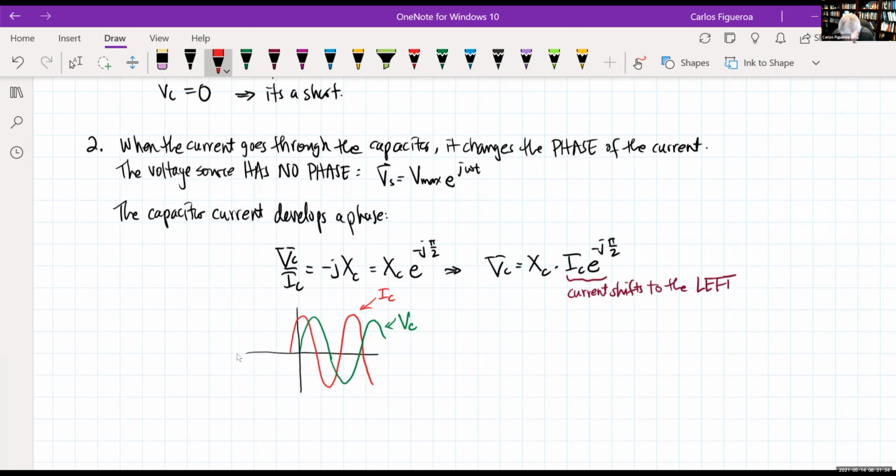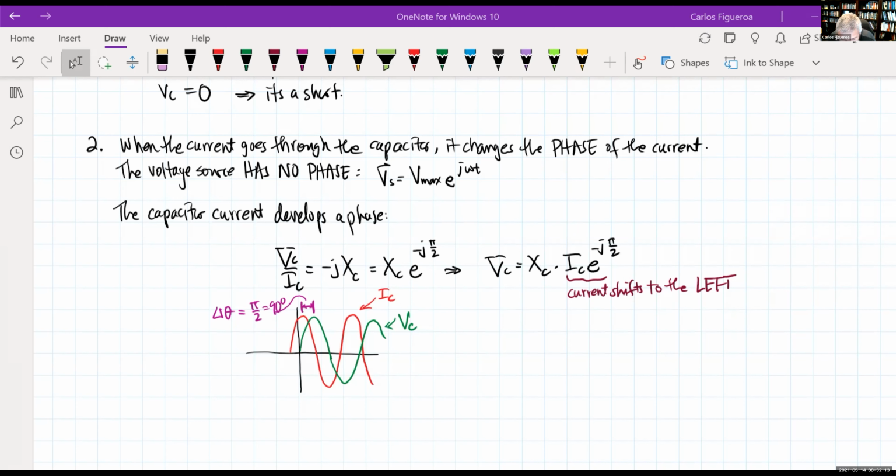And what you're seeing here is that because of the shift to the left, in this case, it would be shifted by pi over 2. So that means that the difference in phase between these two, of course, is 90 degrees. But there's that minus sign there. And so what typically happens here is that, of course, they use an acronym.